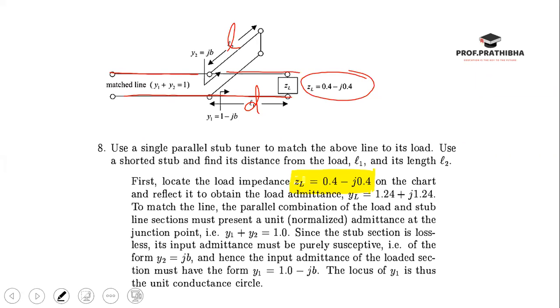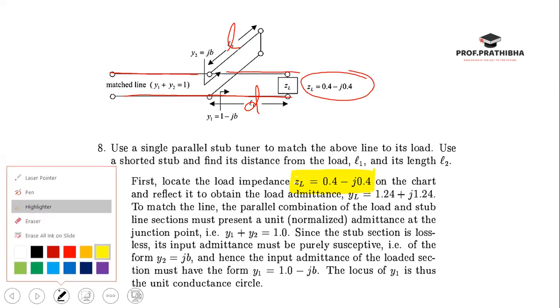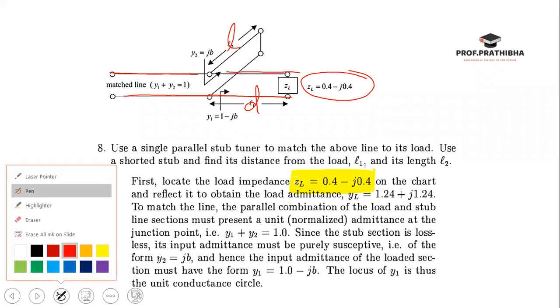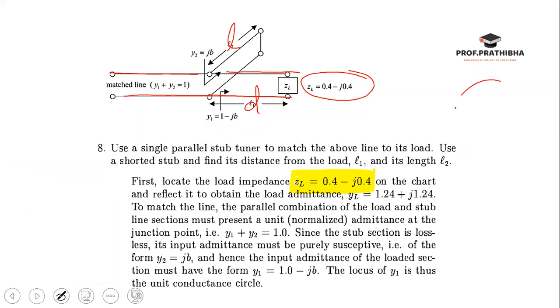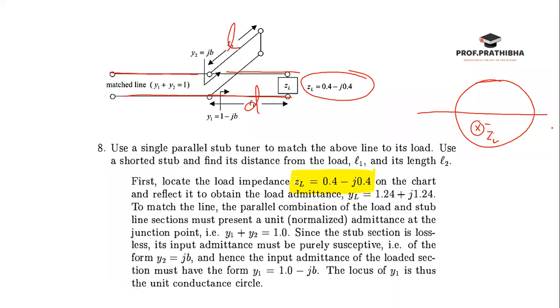Where will 0.4 minus j 0.4 come? According to me it should come somewhere over here, on the left side. Check whether you are getting a ZL point there, and if you get it, please let me know.